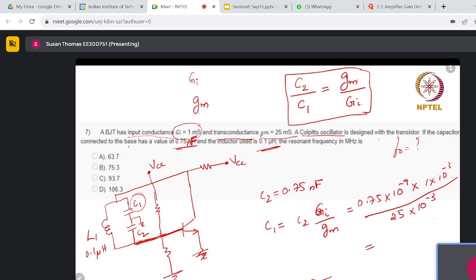Any answers for C1? 30 picofarad, or 0.03 nanofarad.